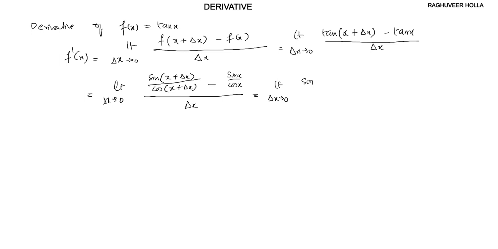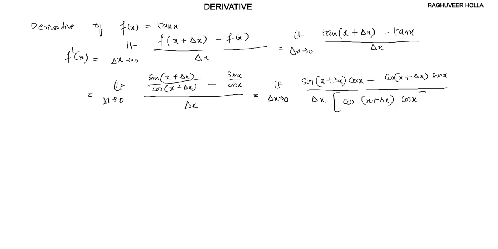Now further, this is limit delta x tends to 0. Now this by cross multiplying, okay, we get sine of x plus delta x multiplied into cos x minus cos x plus delta x multiplied by sine x divided by delta x, right, and in the denominator we have cos x plus delta x and cos x.